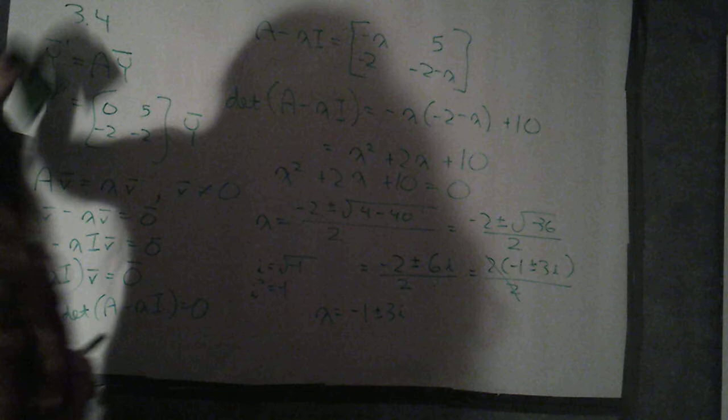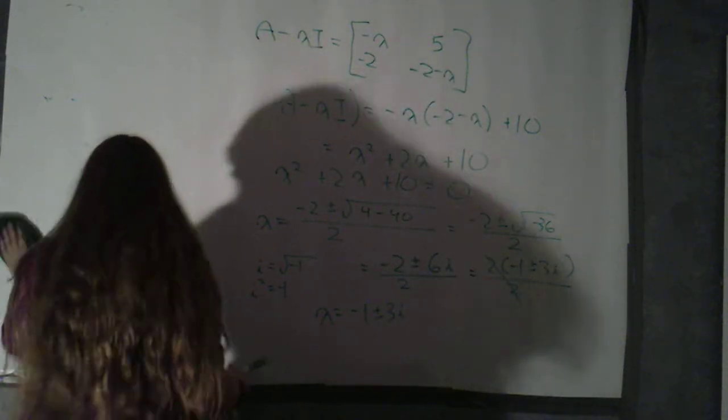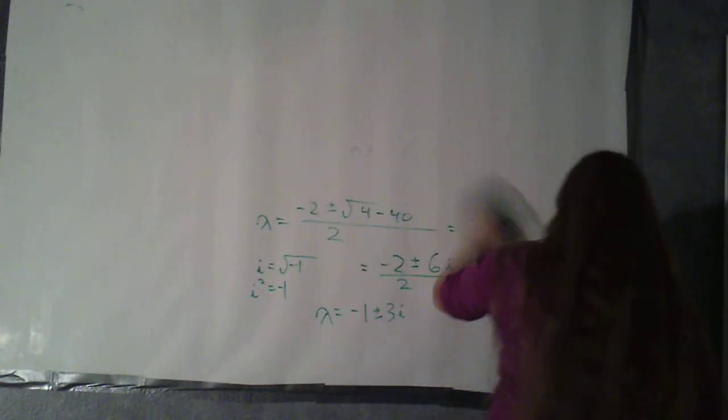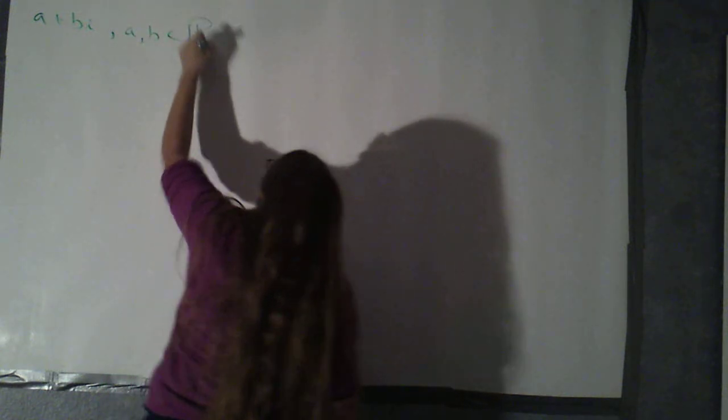So let's review just a little bit about complex numbers. A little of this will be review, and a little of this might be something that's new as well. Okay. So when I write a complex number, the standard form for it is going to be a plus bi, where a and b are real numbers.